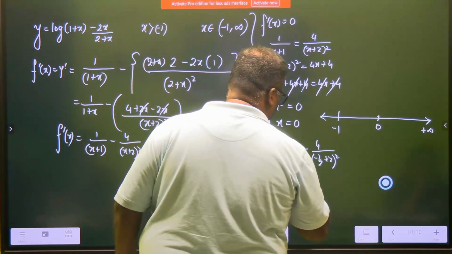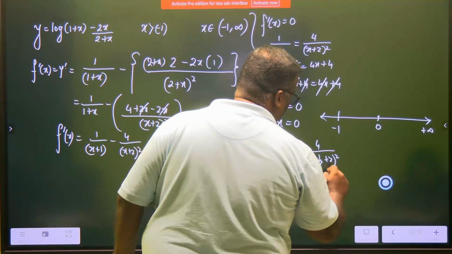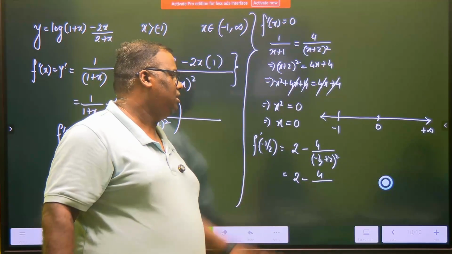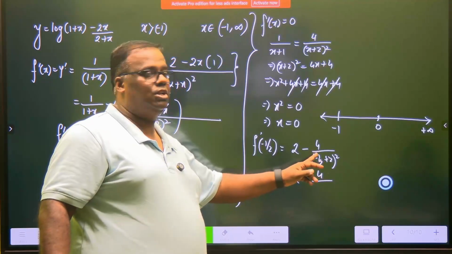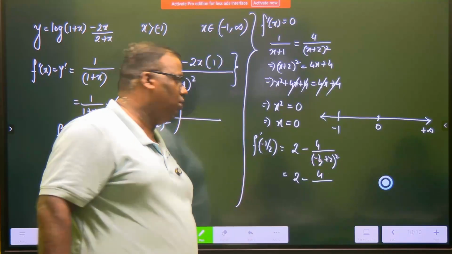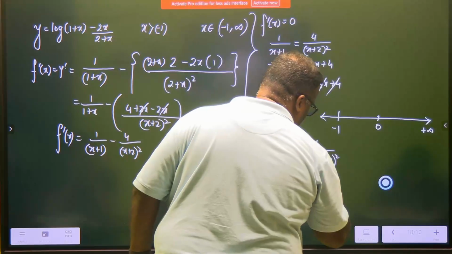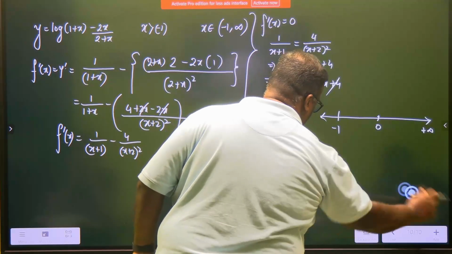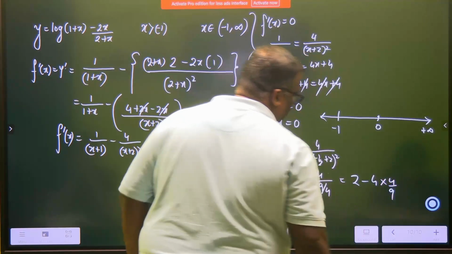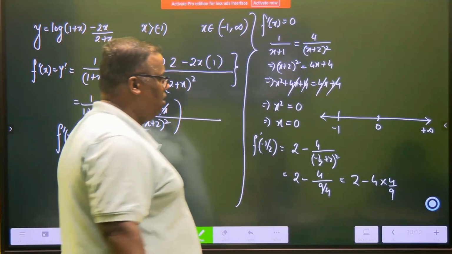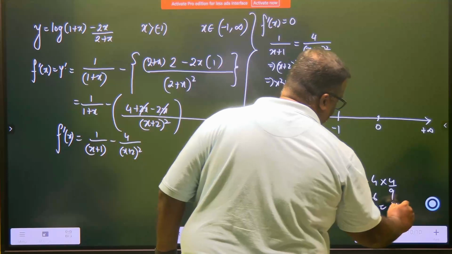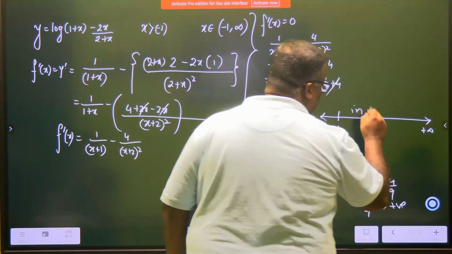So now don't bring the point. 2 minus 4 by, 2 minus half is 3 by 2. 3 by 2 square means 9 by 4. So this is 2 minus 4 divided by 9 by 4, which means 16 by 9. So this becomes 18 minus 16 by 9. So this is positive. So in this interval, the function is increasing.